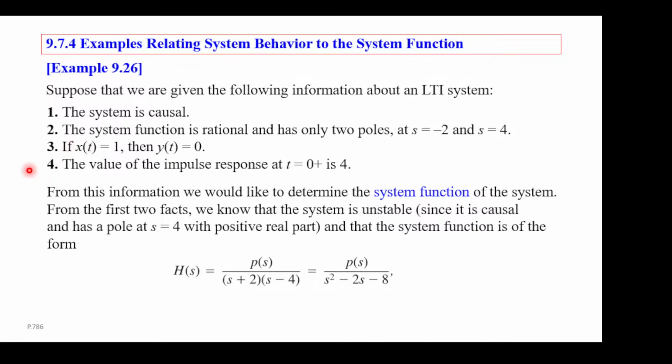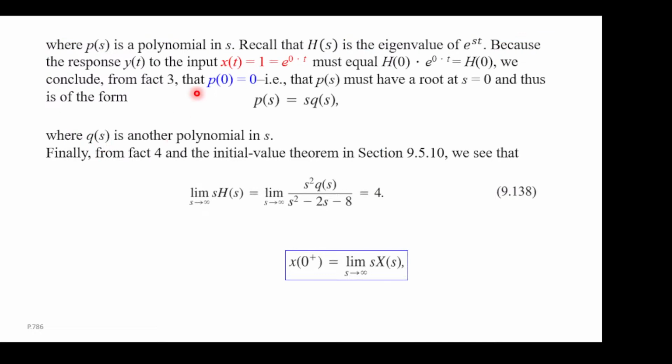And now the third property you want to use is tricky. It's tricky because what do you mean by x of t equal to 1? You need to notice that x of t equal to 1 is actually a very special function.